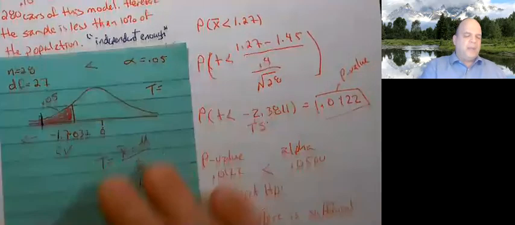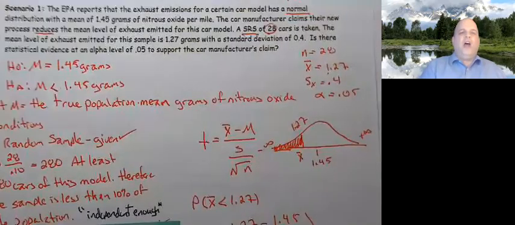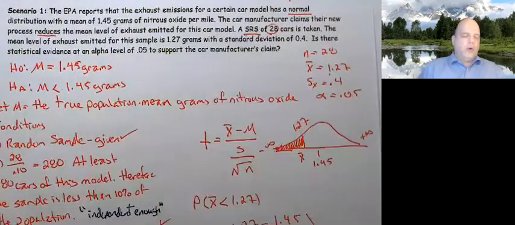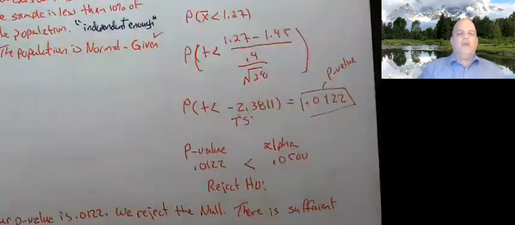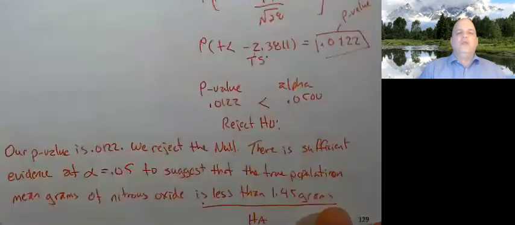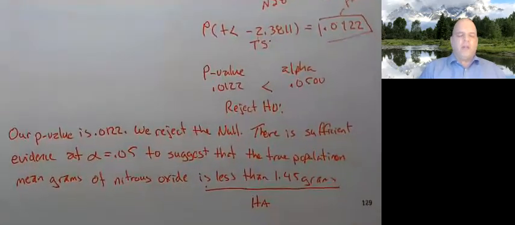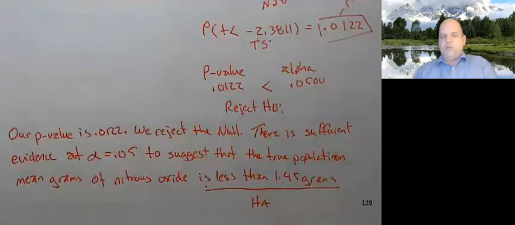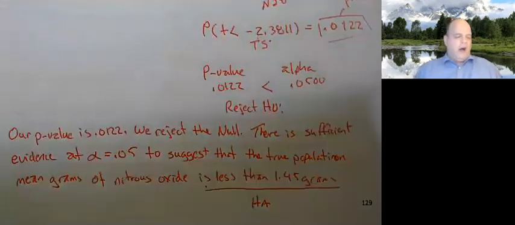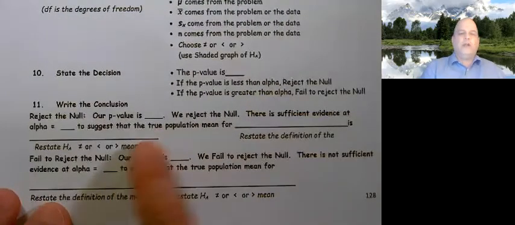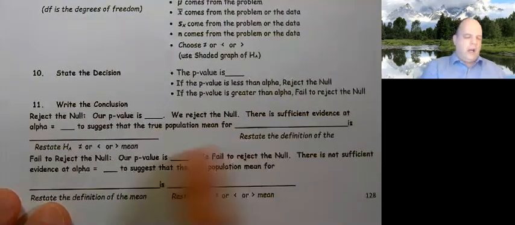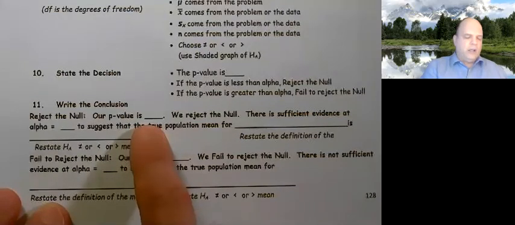One last thing. They won't always tell you the alpha level. They won't always give you the level of significance. If they do not give that to you, please use 0.05. Also, I'm just going to stress it again. This conclusion is very well thought out, and our p-value is whatever we calculated.